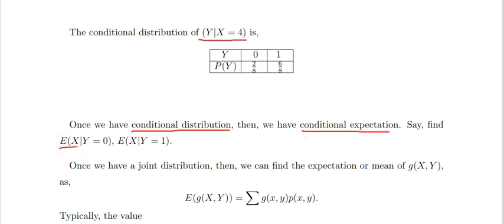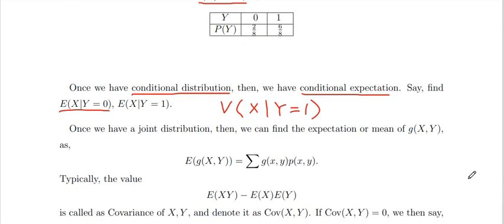We also can have this variance, like of x given y equals 1. We call that a conditional variance. So conditional means we just focus on this part. We do not consider all people, we just consider those people, right?